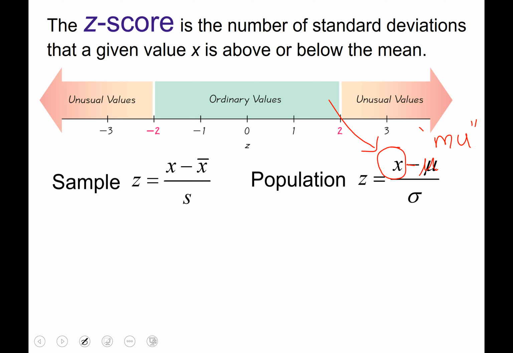Pronounce it mu, you guys. And then divide that by lowercase sigma. That is the population standard deviation. Hit enter, and the number that it outputs will be your z-score, or the number of standard deviations your pulse rate is away from the mean, the middle one, the average.